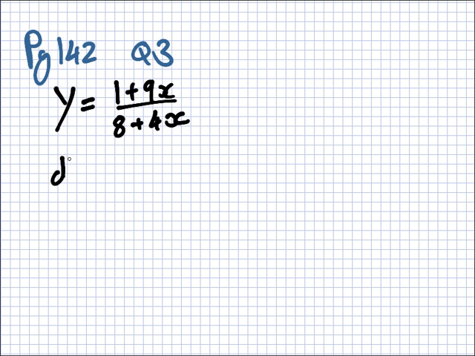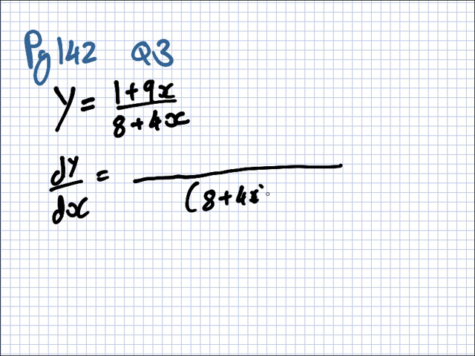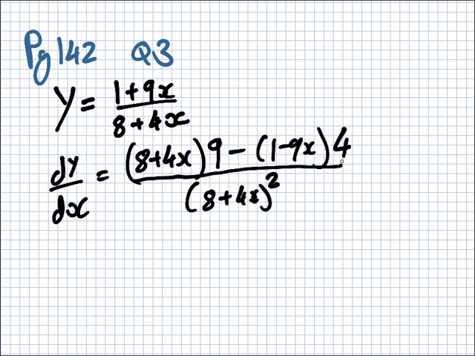So, the derivative here is, quotient rule will do it, the bottom squared. The bottom times derivative of the top minus the top times derivative of the bottom.